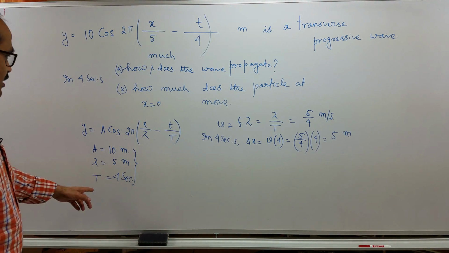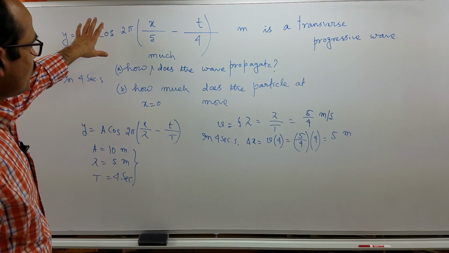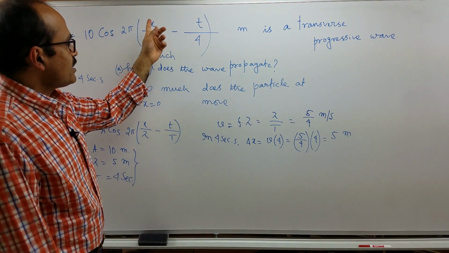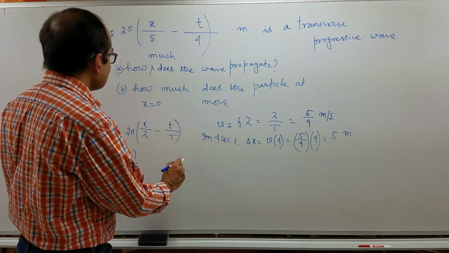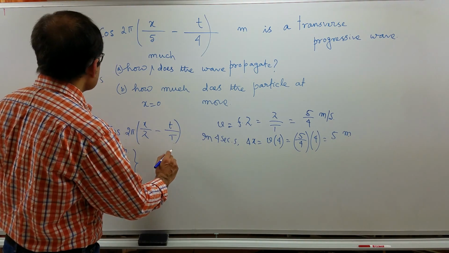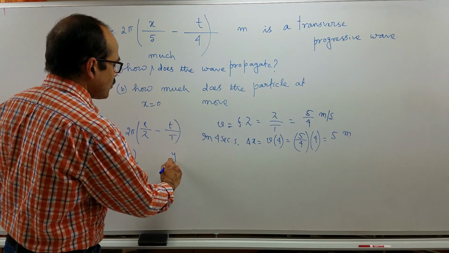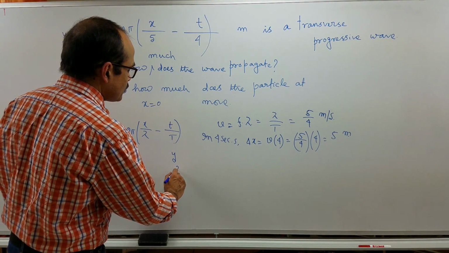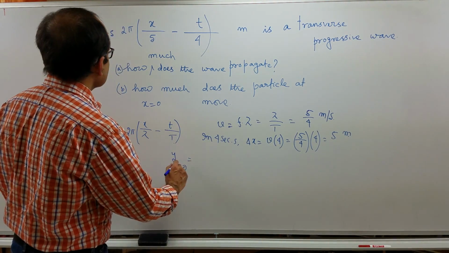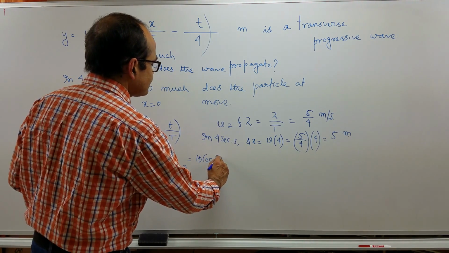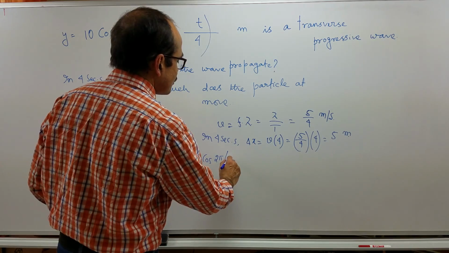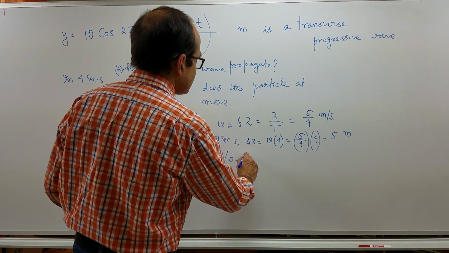Now, we talk about the movement of one specific particle at x equal to 0. For x equal to 0, the equation of the particle is y at x equal to 0 is 10 cosine 2 pi (0 minus t over 4).